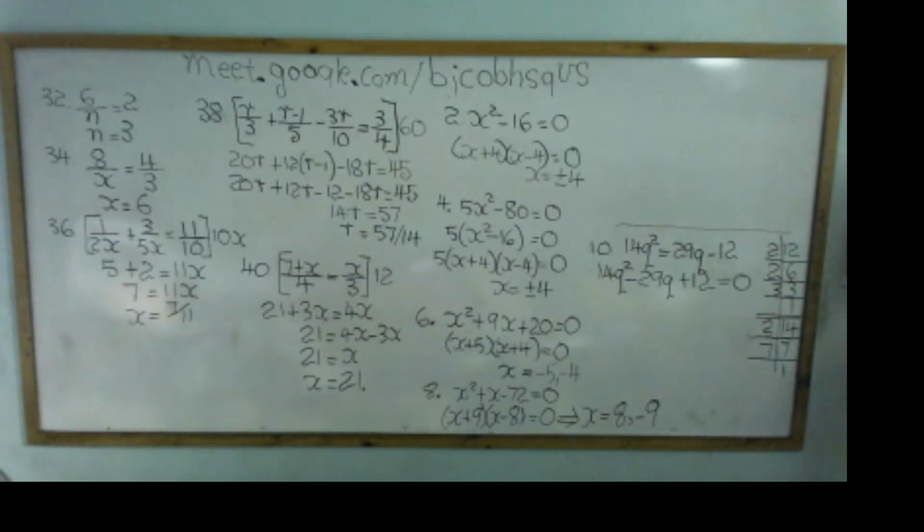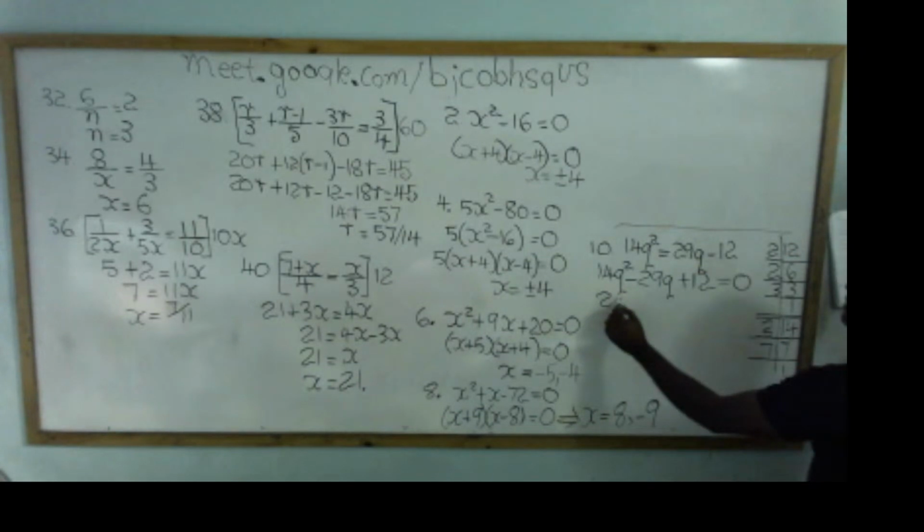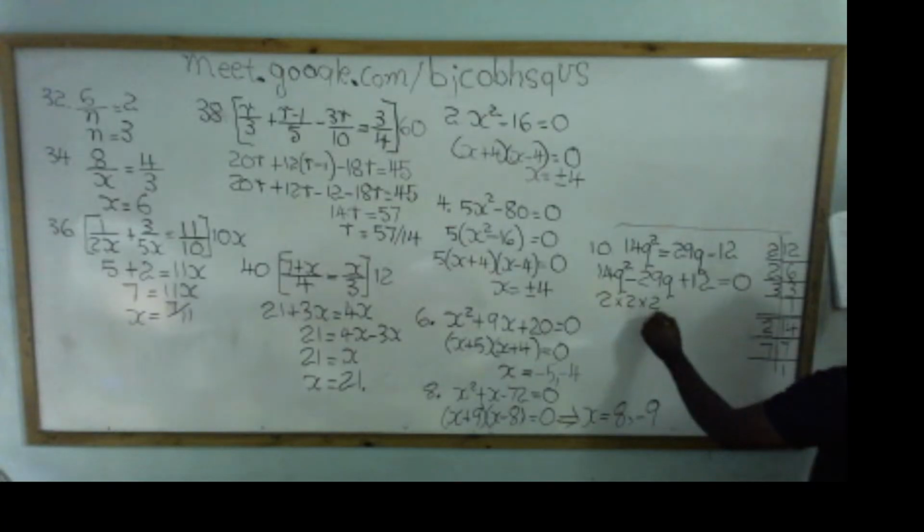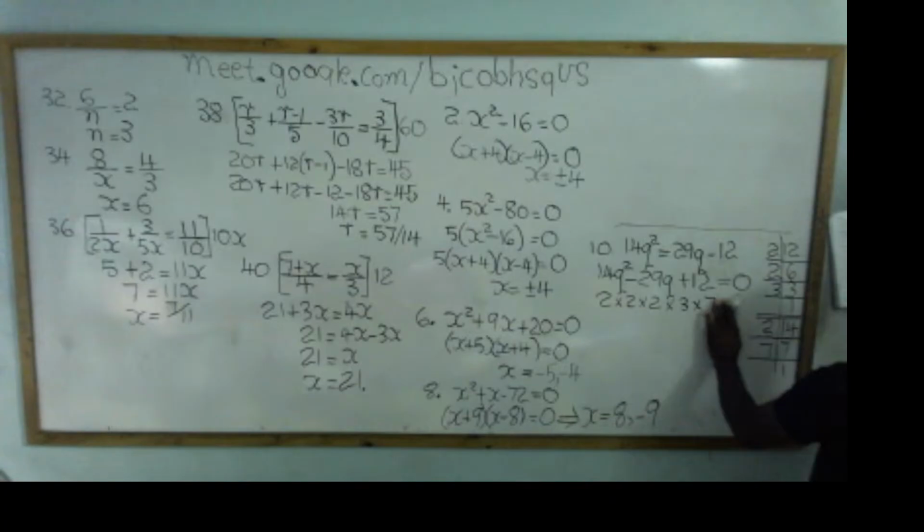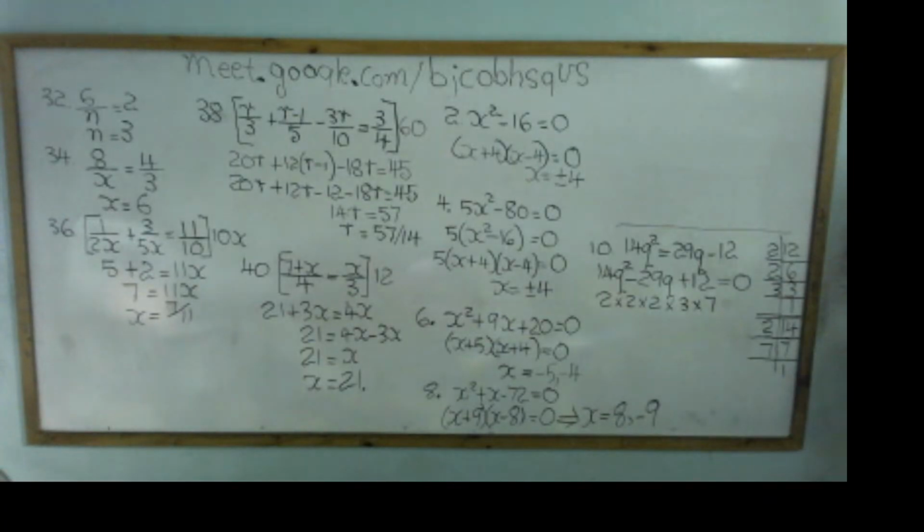So we're going to put them in numerical order: 2, 2, 2, then 3, 7. 2 times 2 times 2 times 3 times 7.